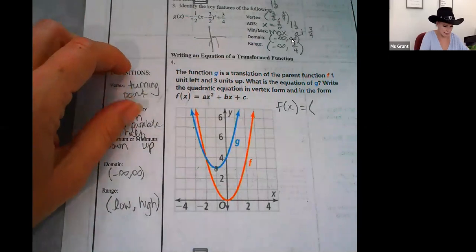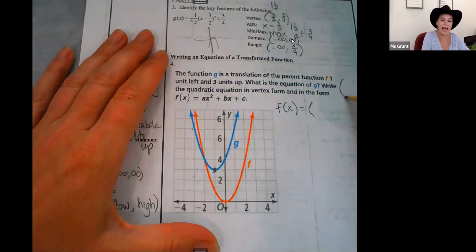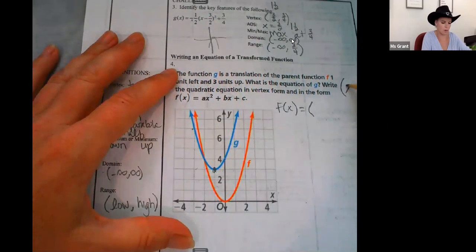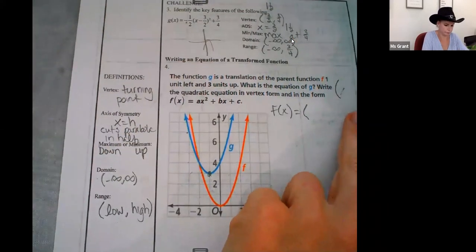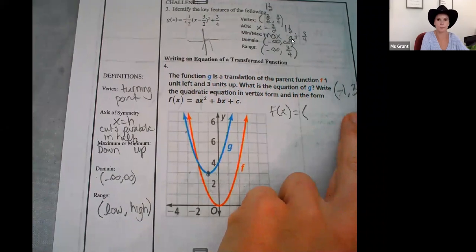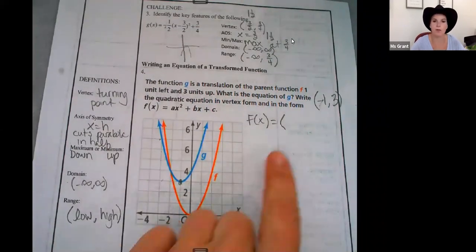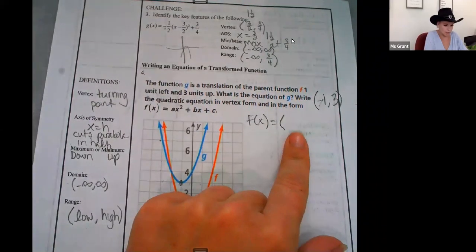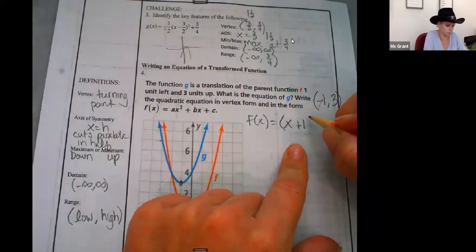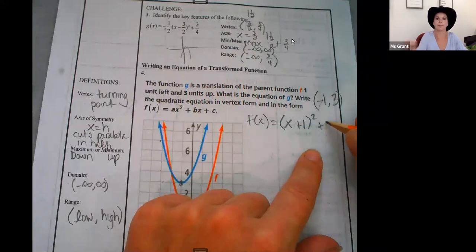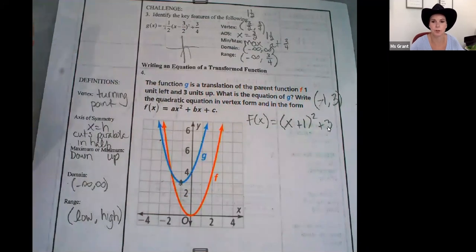My vertex is 1 left, 3 up. When I put that for my x minus h, it's going to be x plus 1 squared plus 3. Okay? Good, good, good.